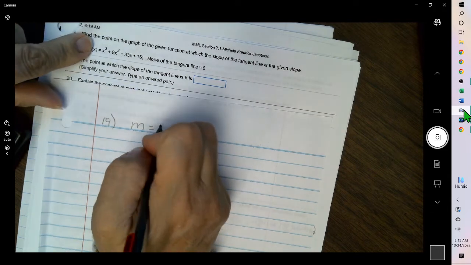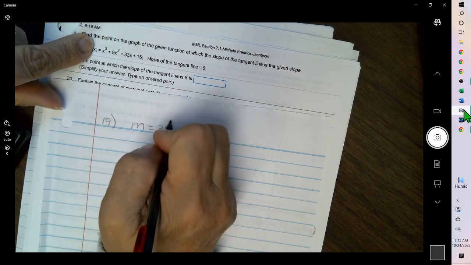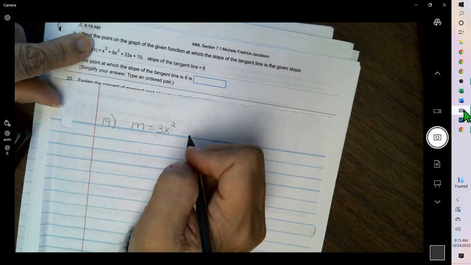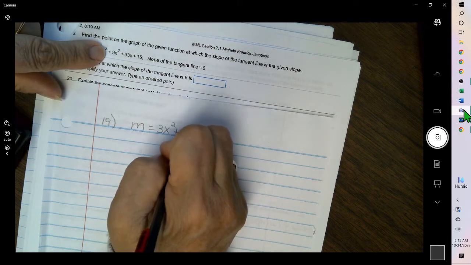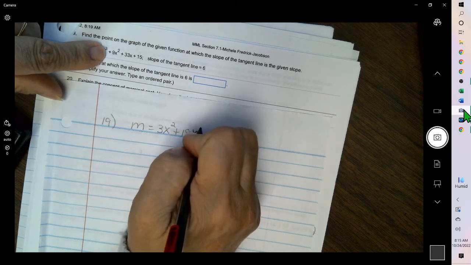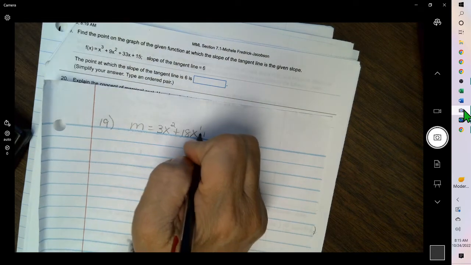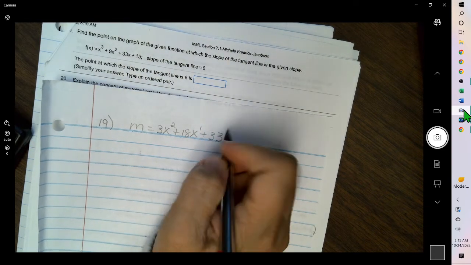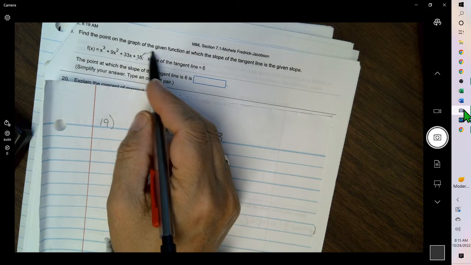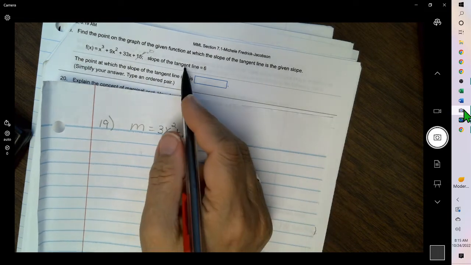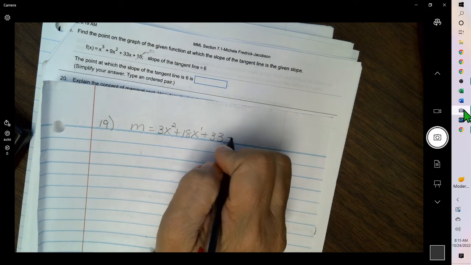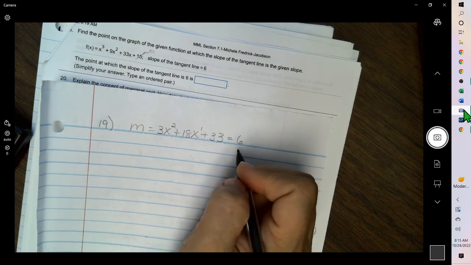Bringing down the 3. 3x subtracting 1, 3x squared. 2 times 9 is 18. X subtracting 1, we get a 1. 1 times 33 is 33. And 15 goes to 0. We want the slope to be 6, so we set that equal to 6.